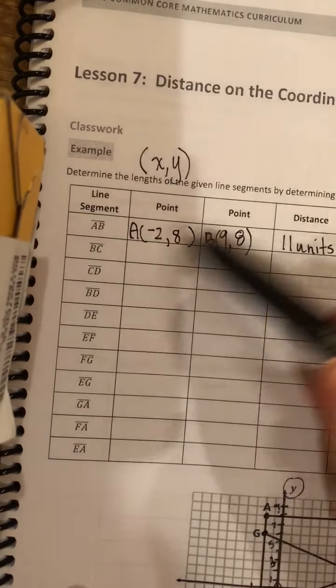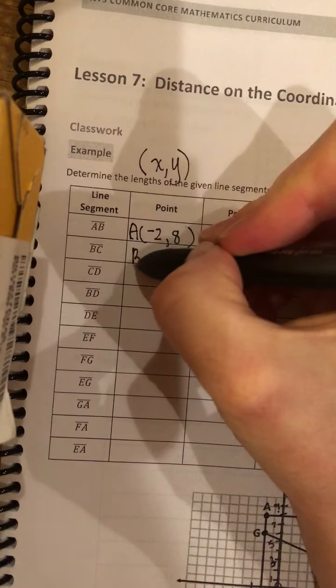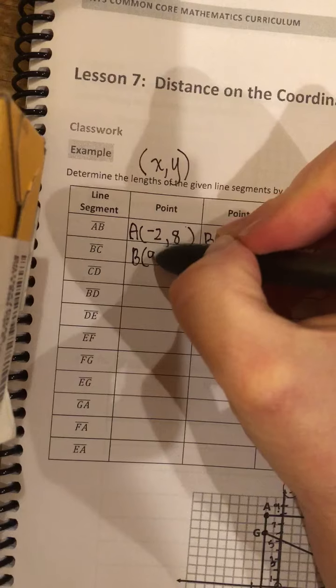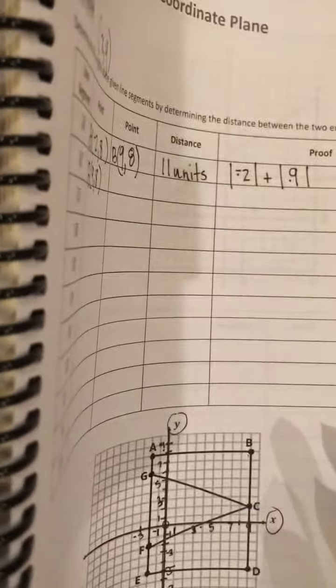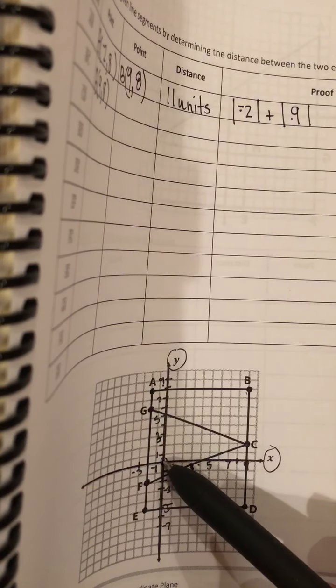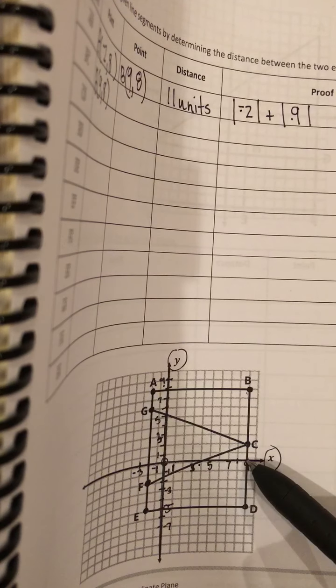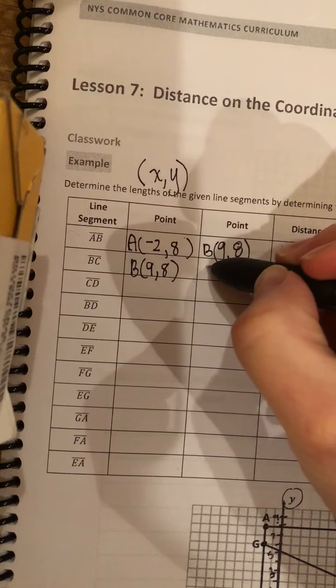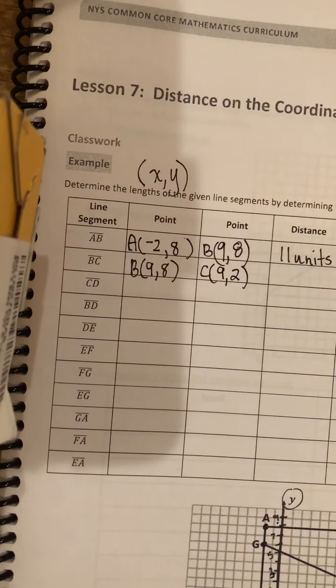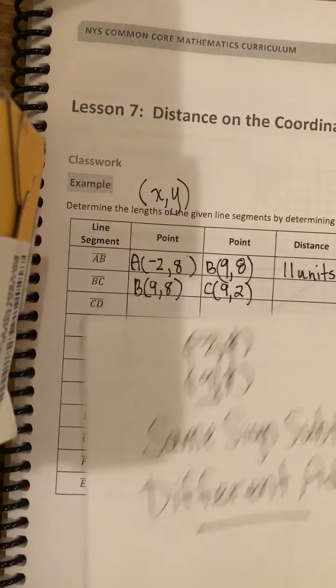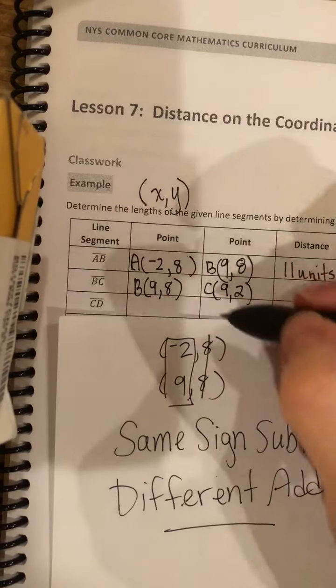Now BC, well, I already have BC. B is 9, 8, and C is over here. C is at, I'm starting at 0, 9, 2. Now the units. You could do it like this.